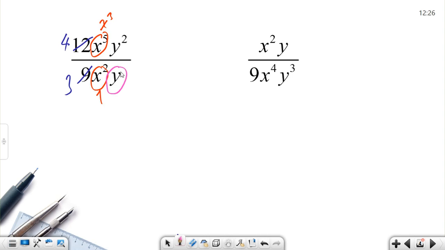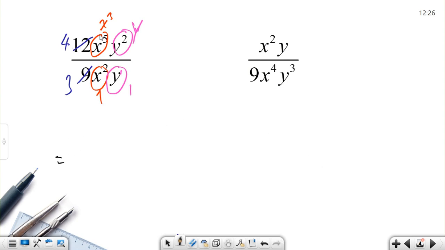And for y, the power is 1 here and y squared here. So this will be 2 minus 1, which is 1, only y. Y squared divided by y is y. We don't usually write y to the power of 1. We simplify it mentally.